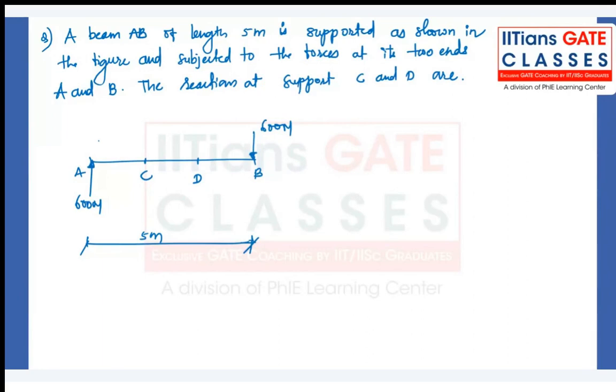At points A and B, the ends of this beam, we can clearly see 600 Newton is an upward force at A, and 600 Newton is a downward force at B. We are supposed to calculate the reactions at C and D, S1 and S2, the first and second supports.